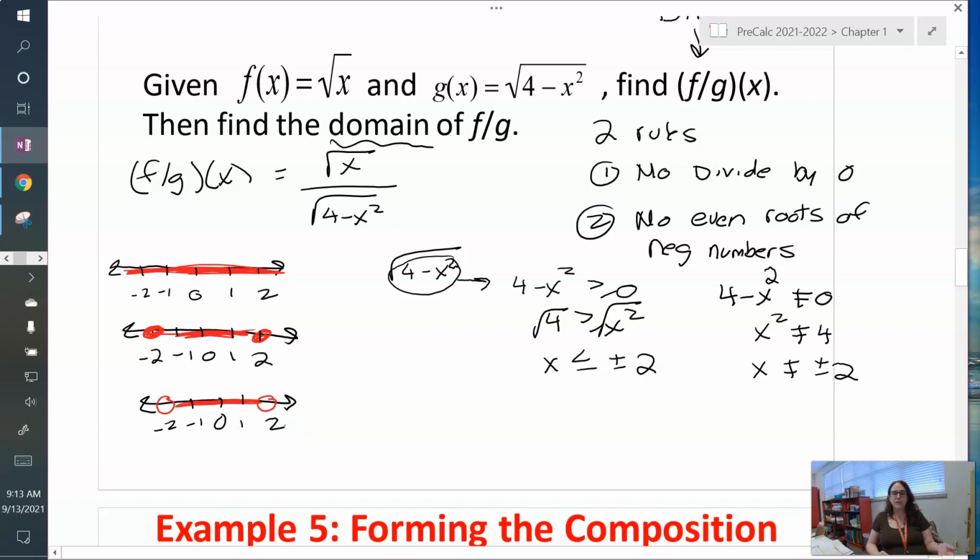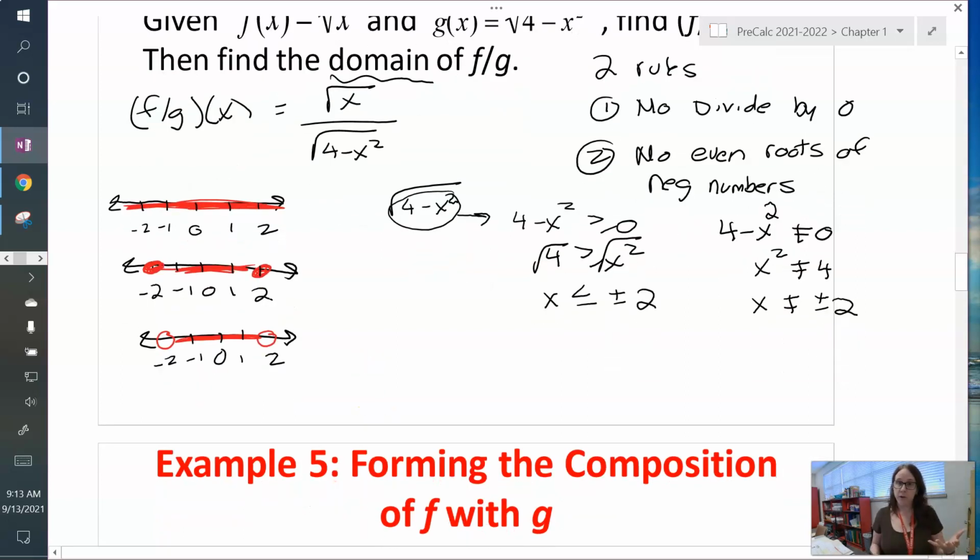All right, now let's look at the numerator. I've got a square root in there as well. And I'm not allowed to have a negative underneath a square root. So square root of x, I'm looking at that. Pull that out. X must be greater than or equal to 0.